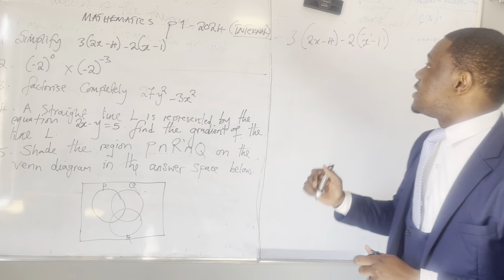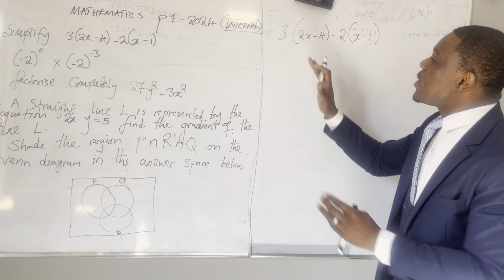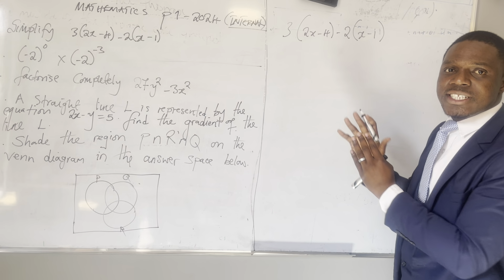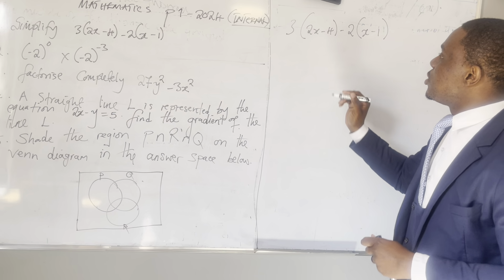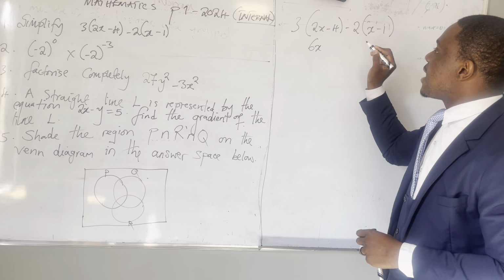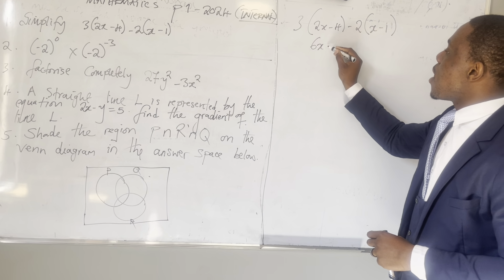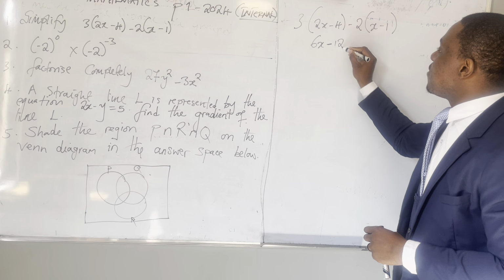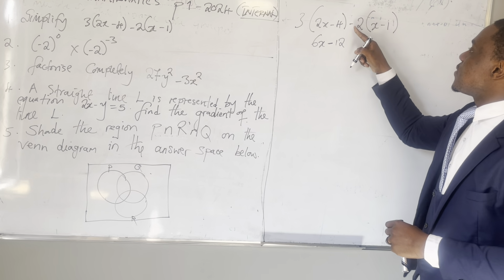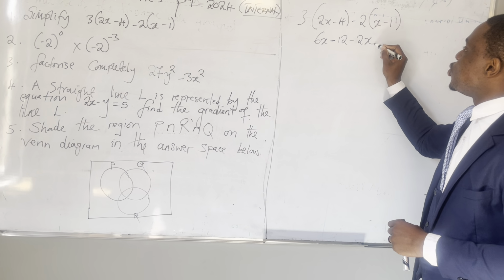And how do we do that? We are going to multiply the number there with everything that is inside the brackets. 3 times 2x gives us 6x. Then 3 times negative 4 gives us negative 12. Then negative 2 times x is negative 2x.